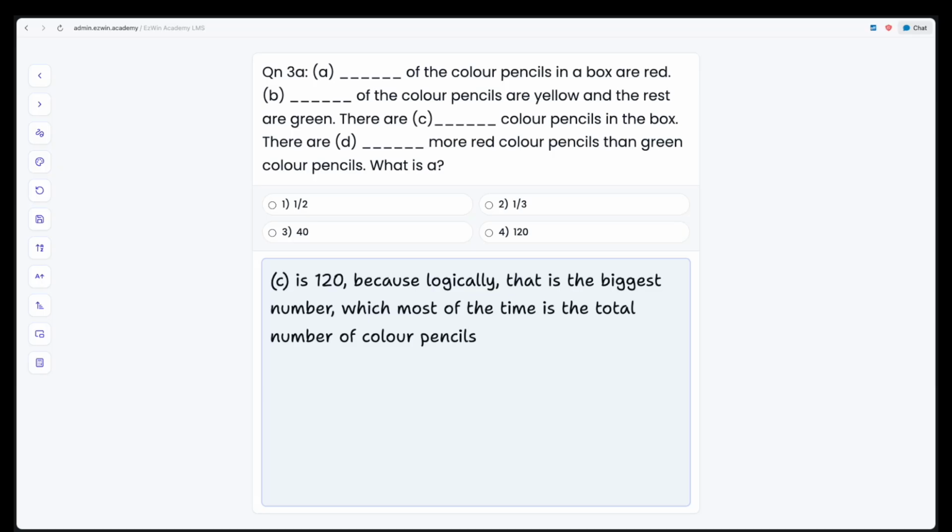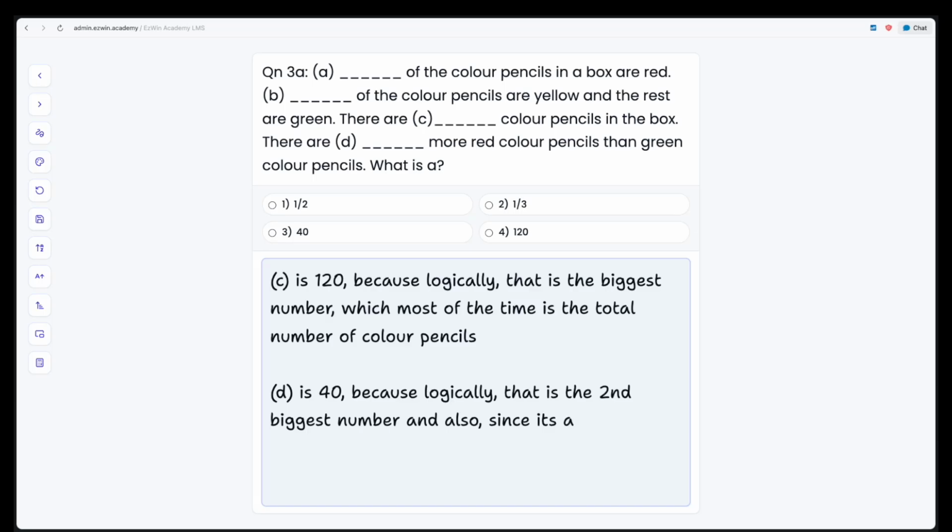Then from here, there are D more red pencils. So D is 40, because logically that is the second biggest number, and also since it's a difference sentence, a sentence that says the difference between two numbers of items, 40 makes sense, right?